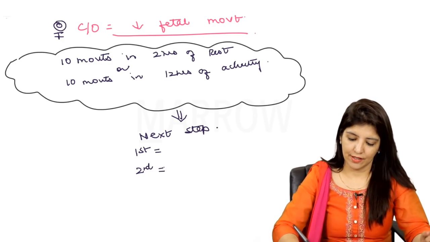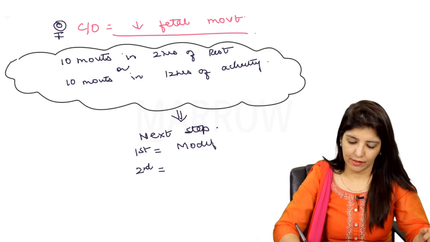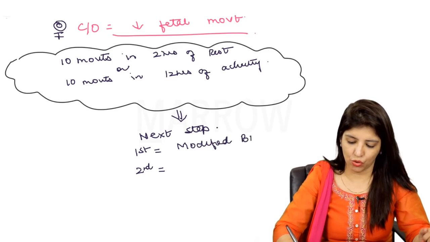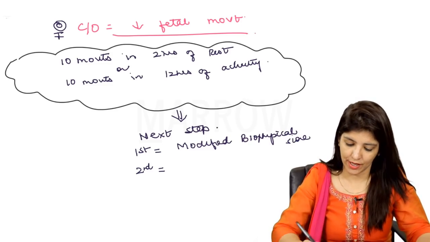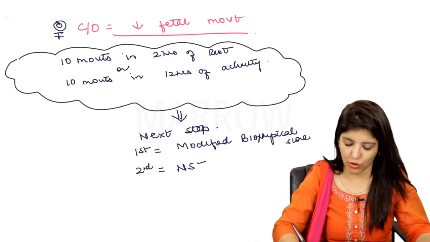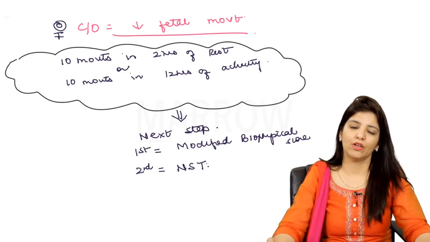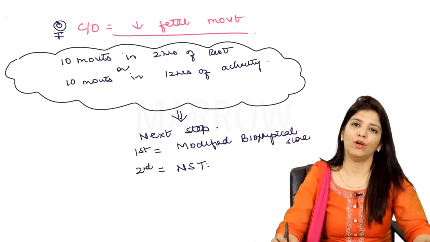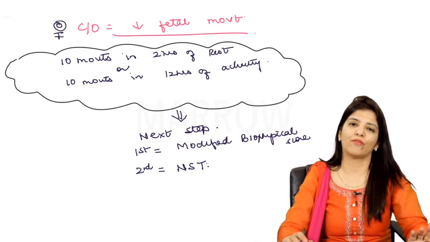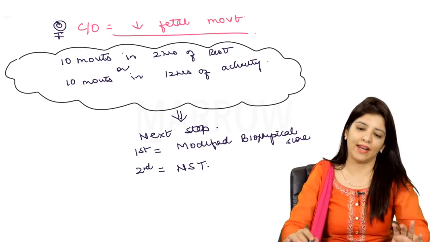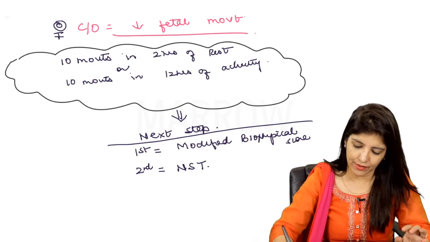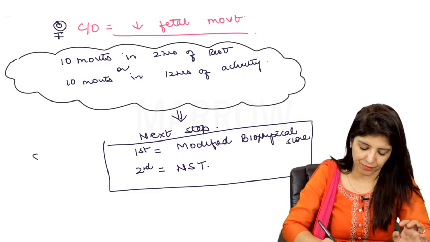First option is modified biophysical score. If this is not given as an option in your questions, then the second answer which you are going to mark is NST. So whenever a patient comes to you with decreased fetal movements, the first thing you have to do is a modified biophysical score or an NST. Both these are screening tests.